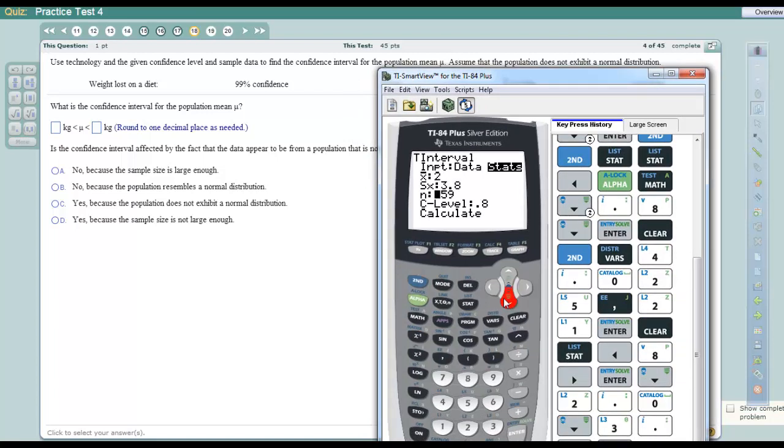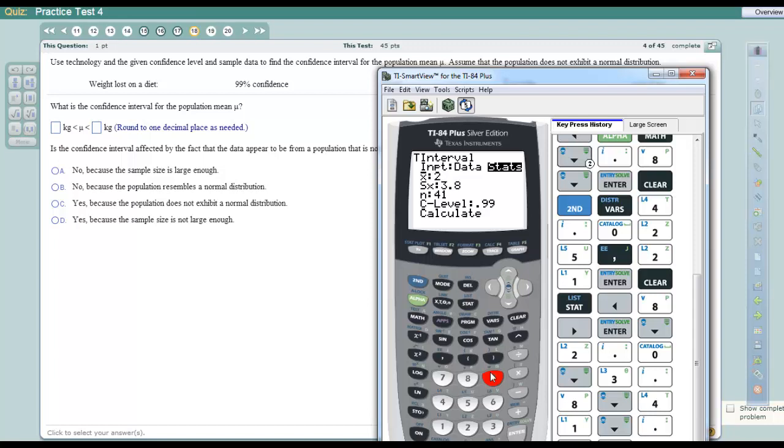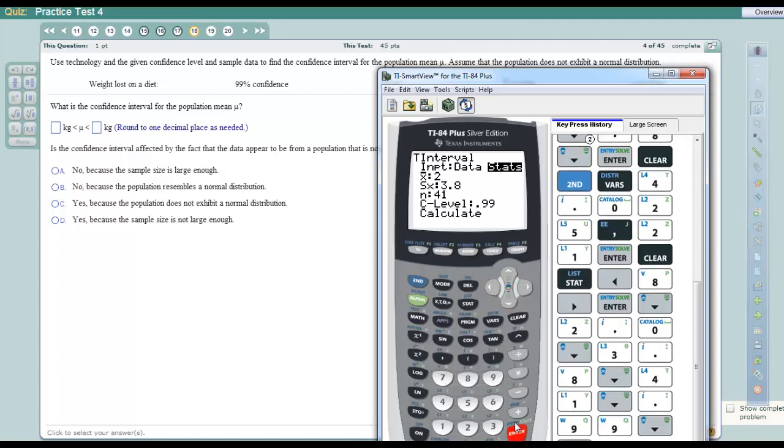And our sample size was 41, was it? Confidence level is 99%. So it comes up to be what? 0.39501 to 3.605. All right.